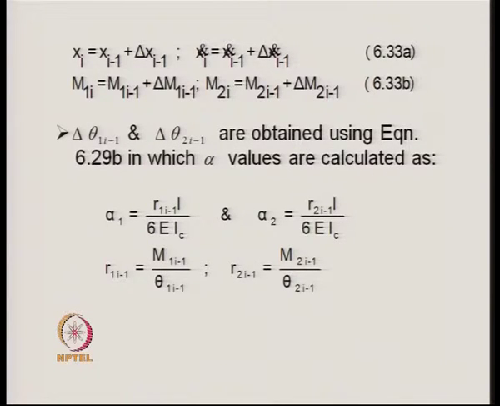So, these alpha values are calculated using this relationship, alpha 1 is equal to r 1 I minus 1 L divided by 6 EIC, and alpha 2 is equal to r 2 I minus 1 L divided by 6 EIC, that we have derived before.